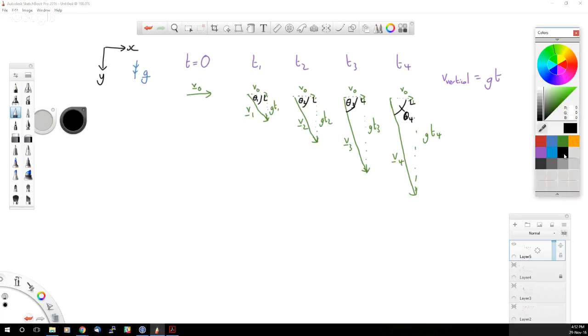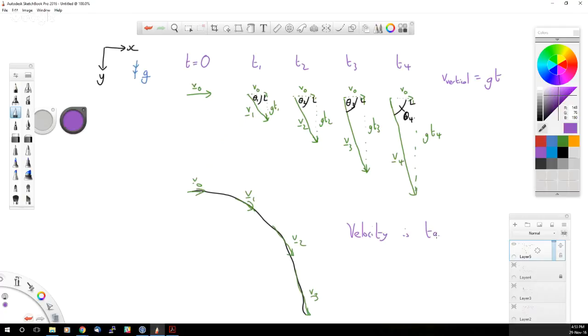If we wanted to think about the path of this, in all of these they should be separated horizontally by the same distance. I'm not drawing it very well, but the velocity is tangential to the path.